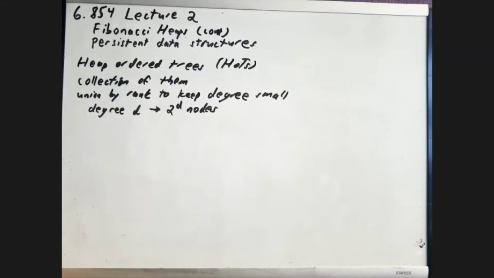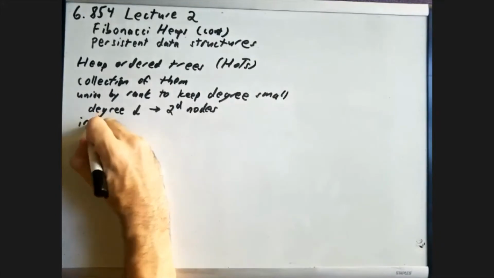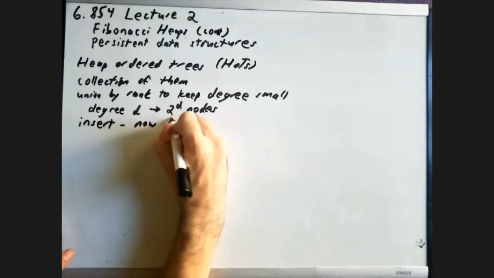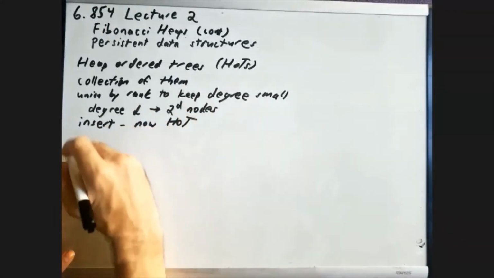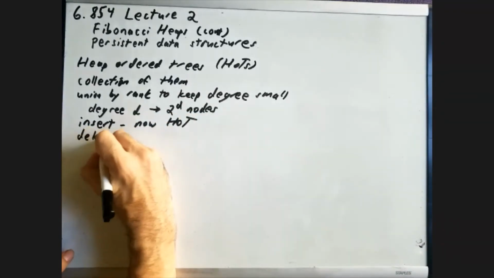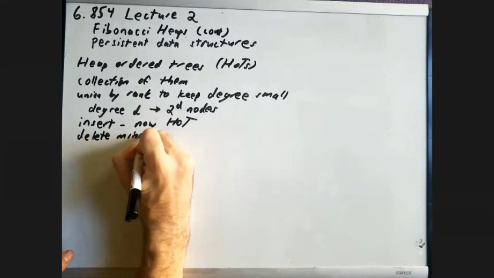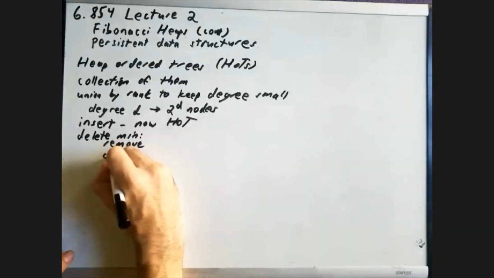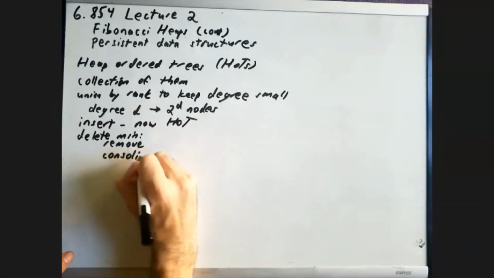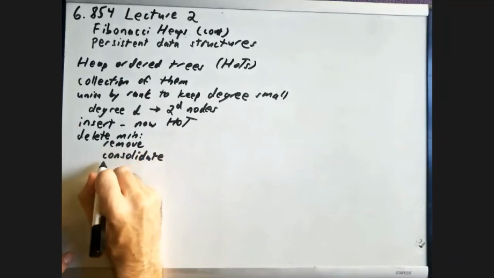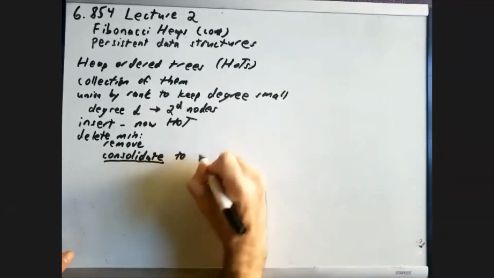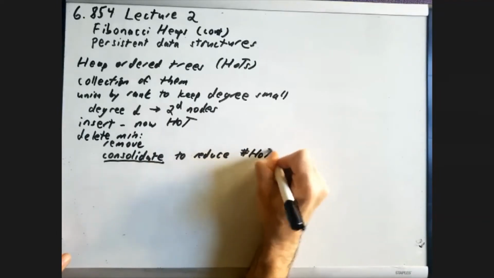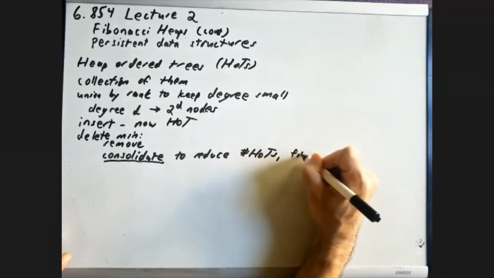And we had some mechanisms for insert, where you just create a new heap ordered tree. And delete min was where things got interesting. We would remove that minimum and then perform a consolidation to reduce the number of heap ordered trees and find the new min.